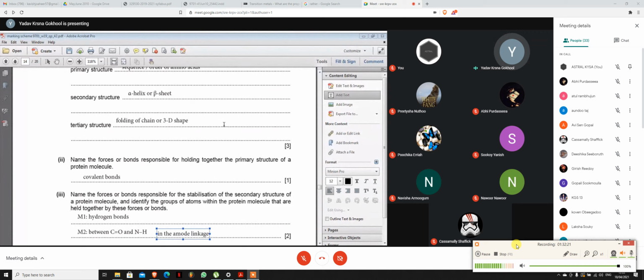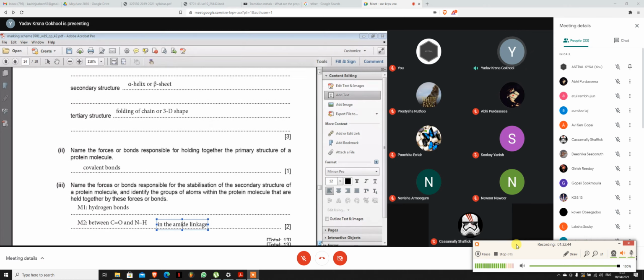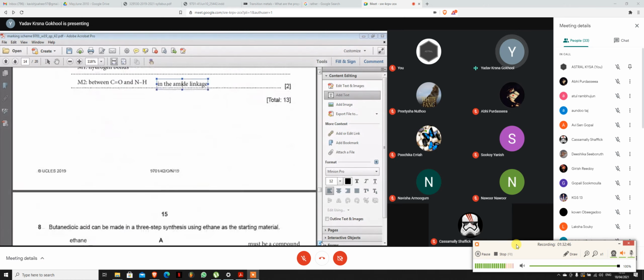In the tertiary, you will have the covalent, the hydrogen bonds between CO and NH in the amide linkage, plus all the other bonds like the Van der Waals forces of attraction, hydrogen bonds, the ionic bonds, and the disulfide linkage, which will be present due to the formation of these bonds with respect to the R groups.